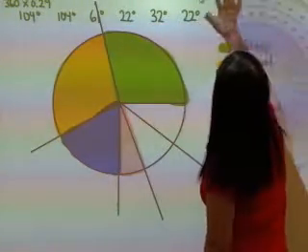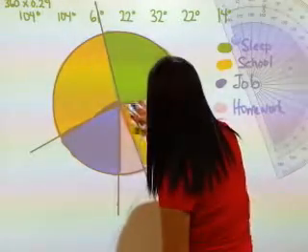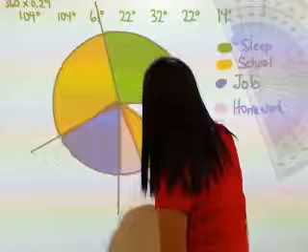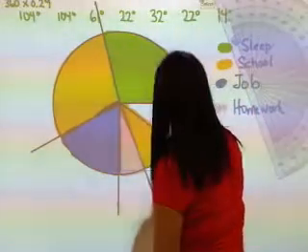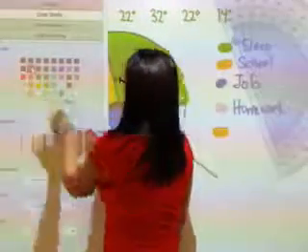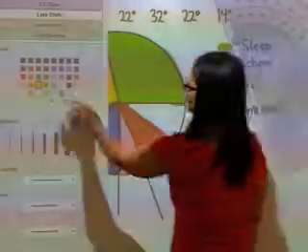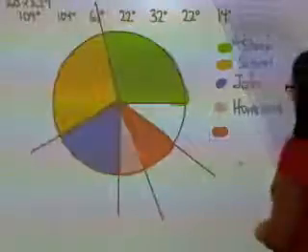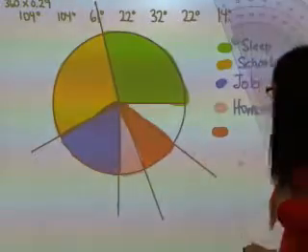And then again, I color it in. Red. And that one was my meals.